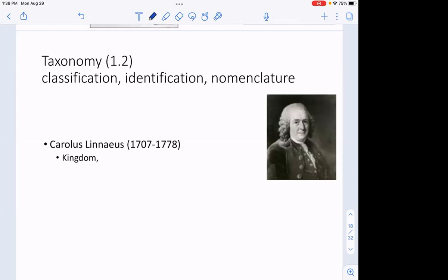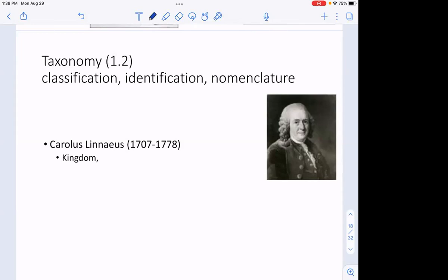And his name is Carolus Linnaeus. Okay, he was a Swedish botanist. And we're going back in time again to close to Leeuwenhoek's time. So he lived from about 1700 to 1780 something like that. And like I said, he's considered the father of taxonomy.